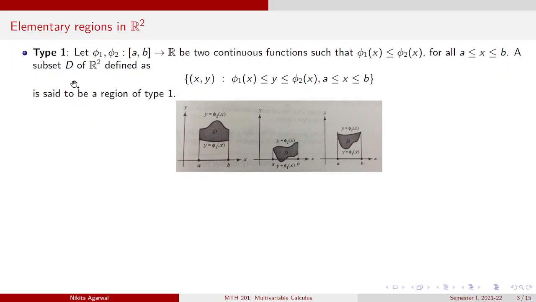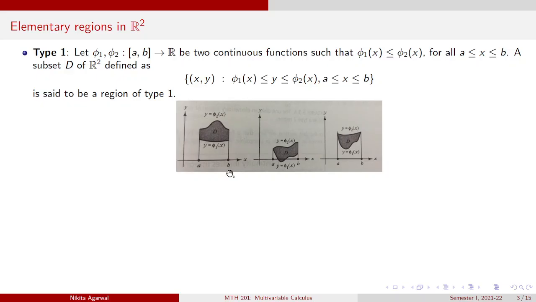A subset D of R2 defined as the collection of all the points (x, y) in R2 which lie between phi1(x) and phi2(x) as x varies over the interval [a, b]. Such a set is called a region of type 1.